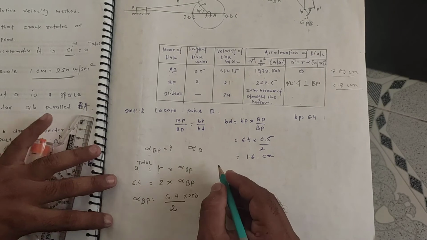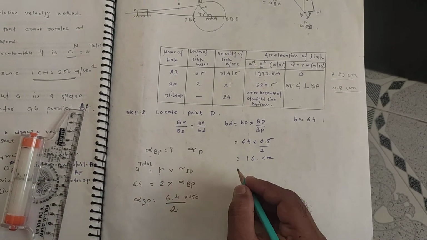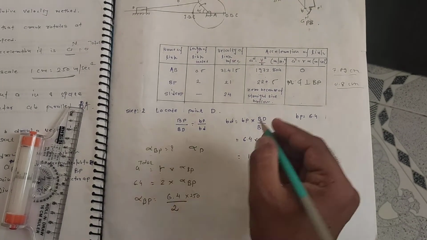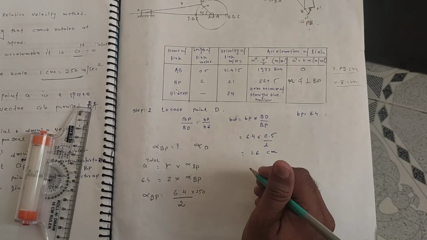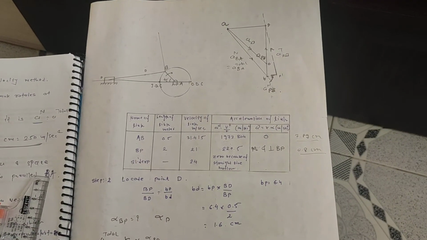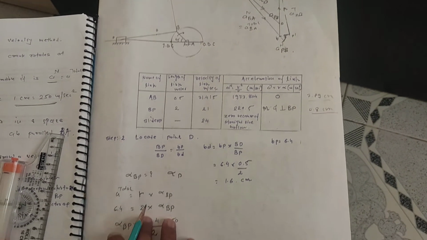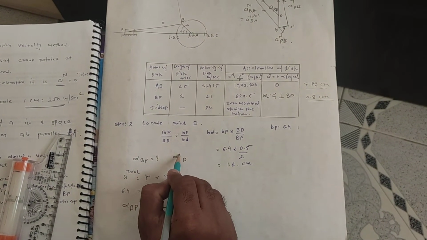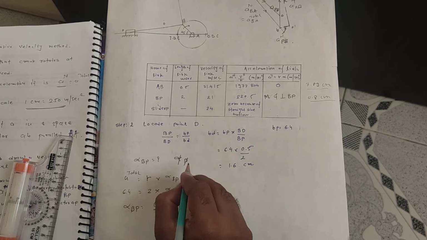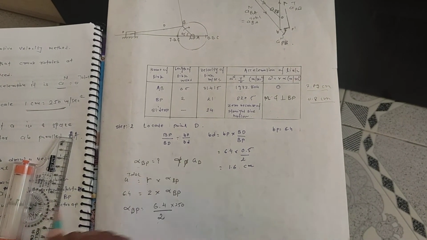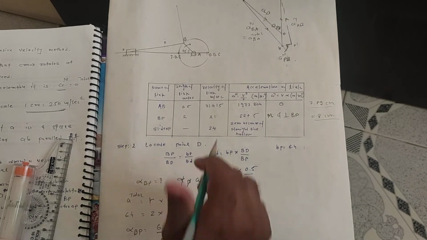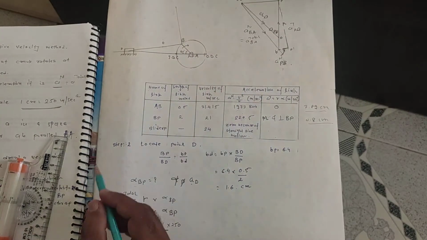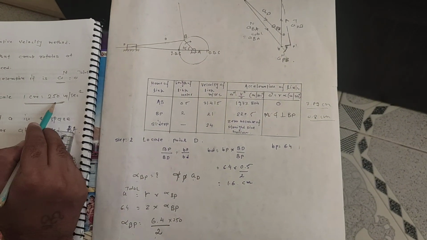Okay, and finally, for the point D, we use a simple way. We don't find the angular oscillation of D, but we have to find the oscillation of D. That oscillation of D we find by measuring this length only and multiplying that length by our suitable scale, that is 1 centimeter equal to 250.